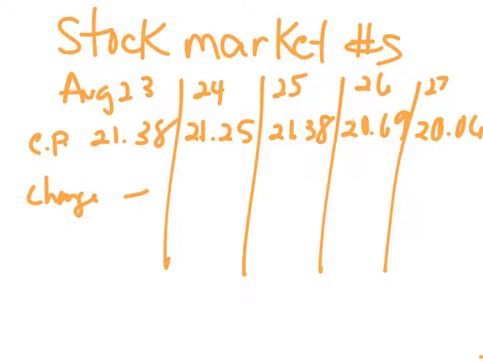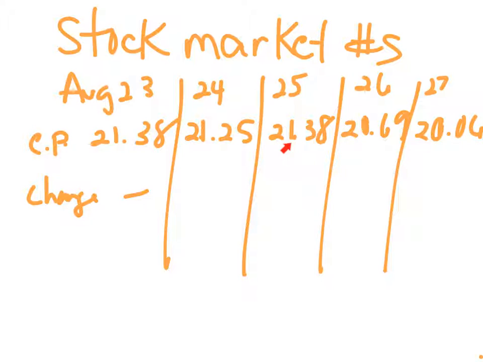Now sometimes we are subtracting decimals, or we're using negative numbers to get a change in something from, for example, the stock market. The closing price of something might be $21.38. Then the next day, the value of that stock is 21.25.